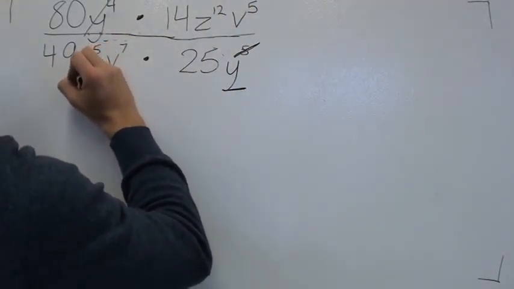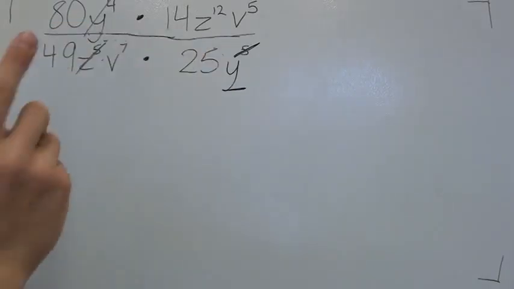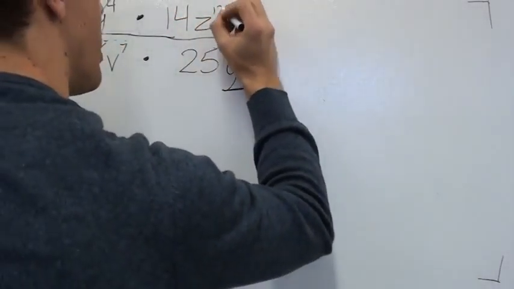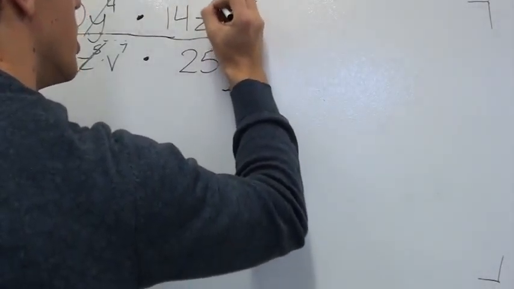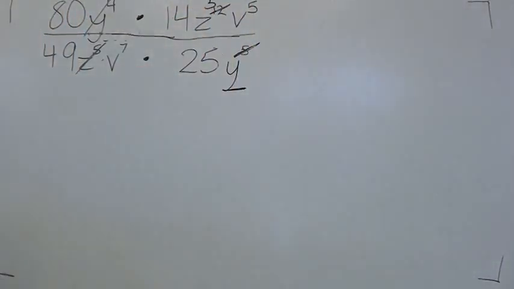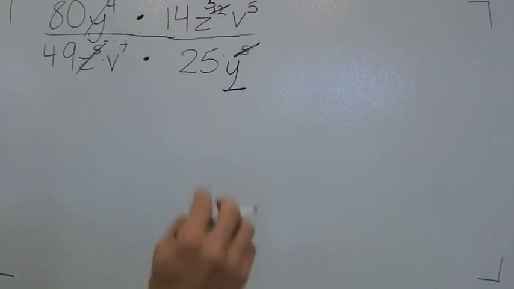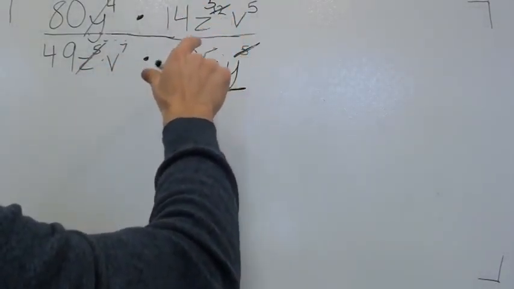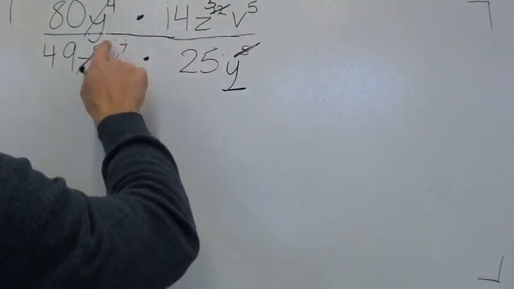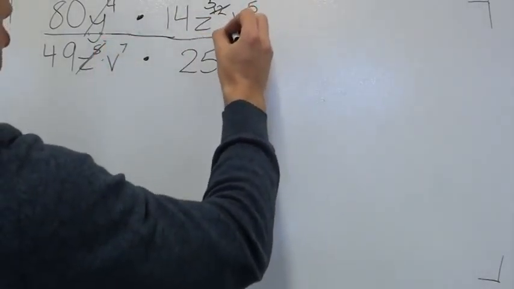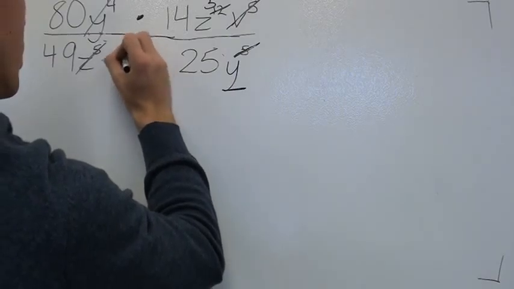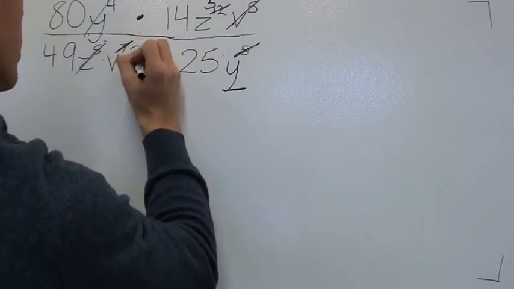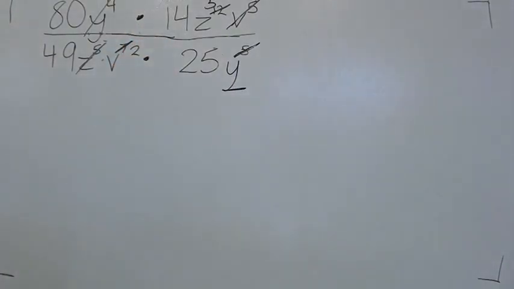So all of these are going to cancel out, and 5 of these are going to go away, leaving us with 12 minus 5, or z to the fifth. Okay, the opposite thing happens with the v's, more v's on bottom. All right, but 5 of them are going to cancel out, leaving you v to the second, or v squared.